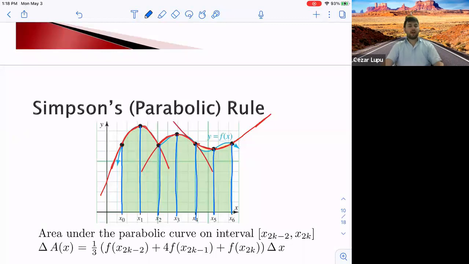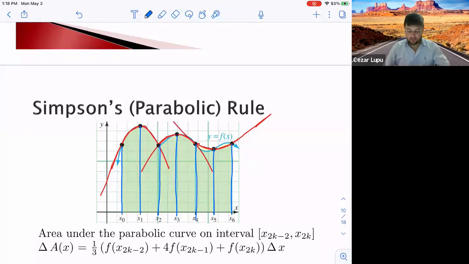But if I consider n endpoints, and if I want to look at the parabolic curve between x sub k minus 2 and x sub 2k, then the area A of x is 1/3 times f of x sub 2k minus 2 plus 4 f of x sub 2k minus 1 plus f of x sub 2k, times delta x.